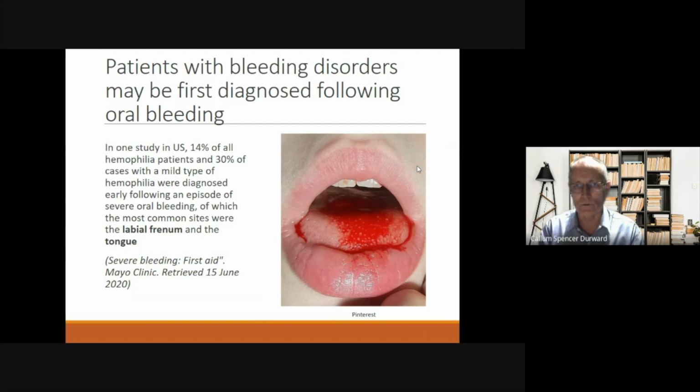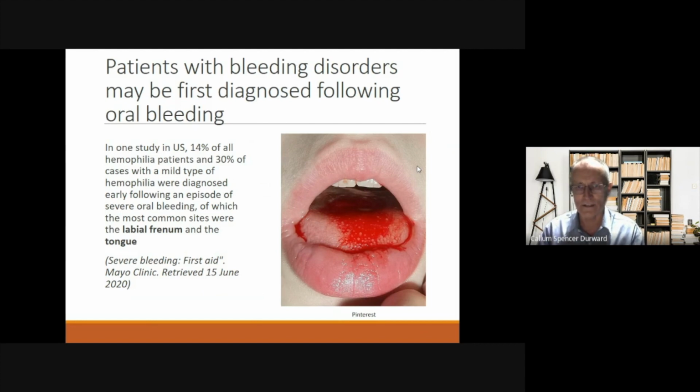Patients with bleeding disorders may first be diagnosed following oral bleeding. One study in the United States found that 14% of all hemophilia patients and 30% of cases with a mild type of hemophilia were diagnosed early following an episode of severe oral bleeding, of which the most common sites were the labial frenum and the tongue.